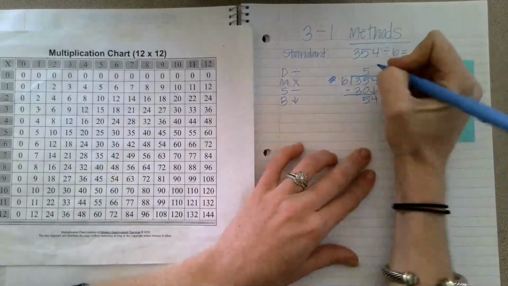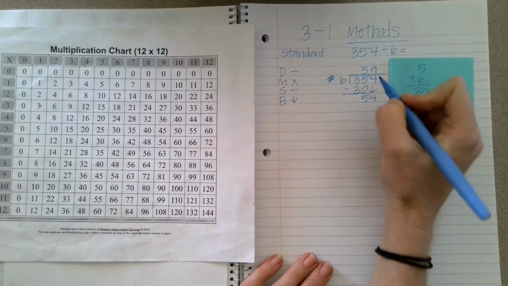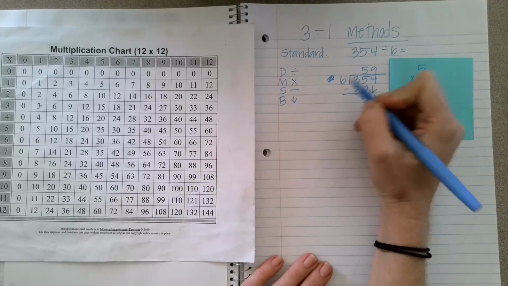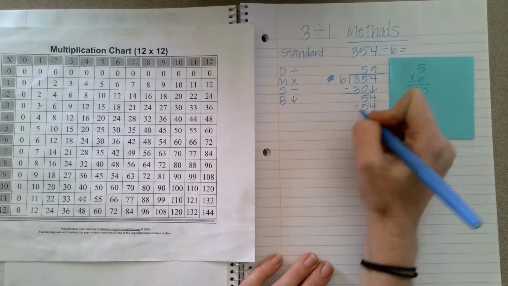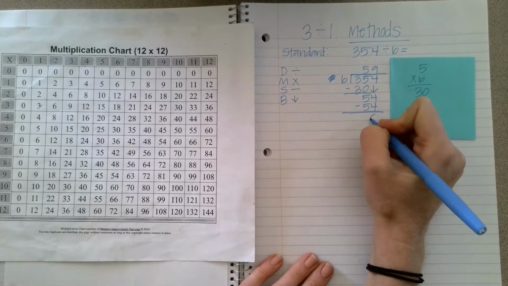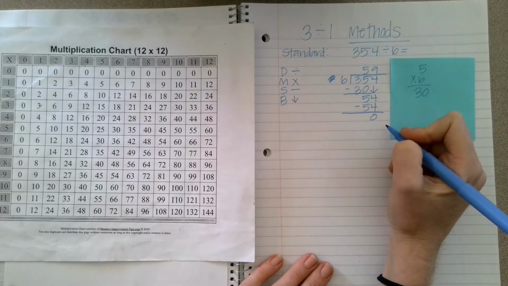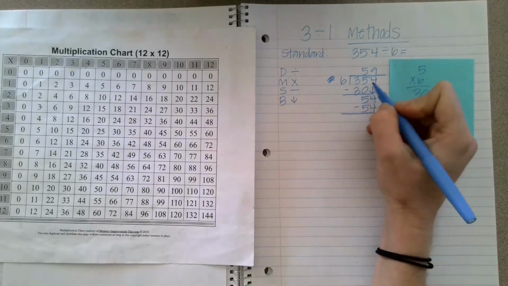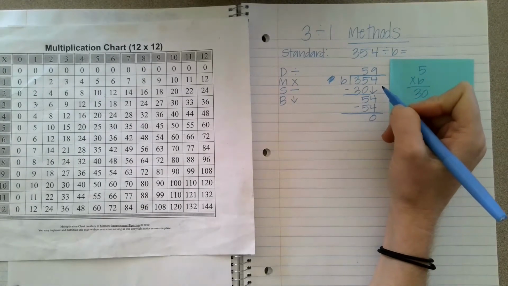So I'm going to put a 9 above my 4, okay? So now I'm going to multiply. 9 times 6 is 54. And I get 0. I don't have anything to bring down. And I've already divided my whole entire number. So that must mean I'm done.